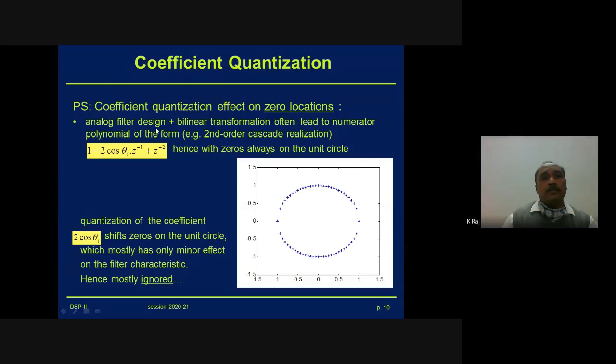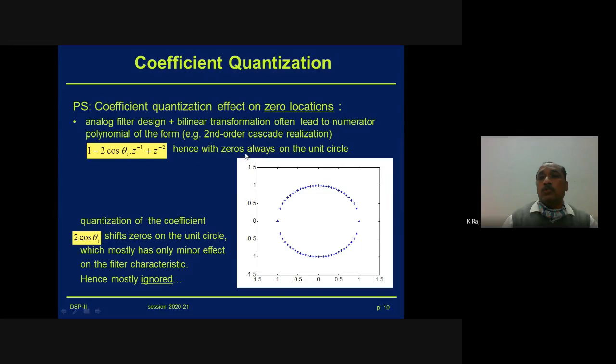Analog filter design plus bilinear transfer function. First we design the analog filter and then the bilinear transformation takes place for the purpose of transformation, and this leads to a numerator polynomial of the second order cascade realization, which can be represented as 1 minus 2 cos theta i z to the power -1 plus z to the power -2.